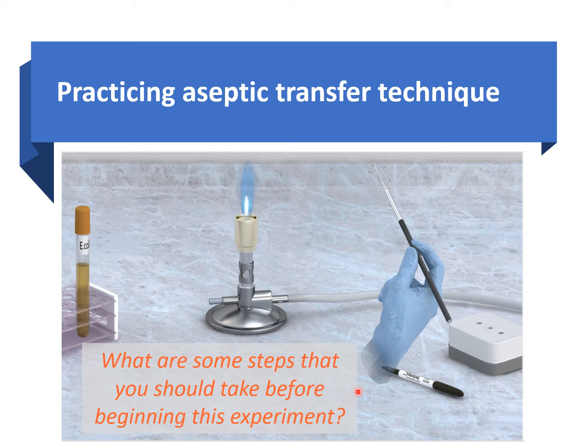Number one is you should wash your hands before starting your experiment. Make sure that you've put on your lab coat. Make sure you put on your goggles, your gloves, make sure you've tied your hair back. Make sure that you've disinfected your bench area.